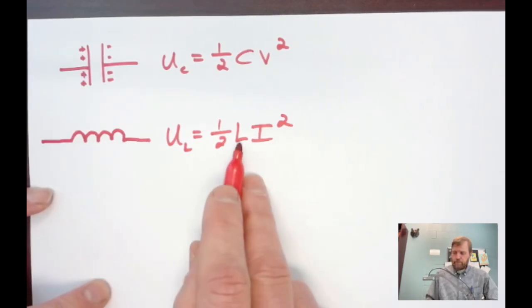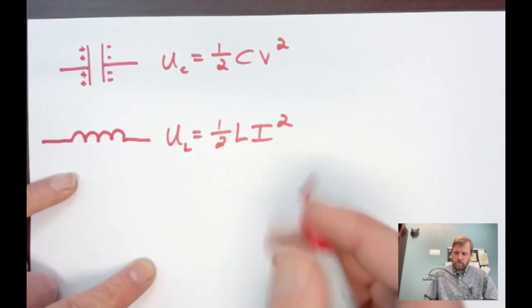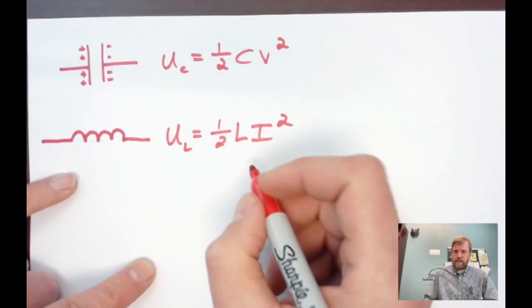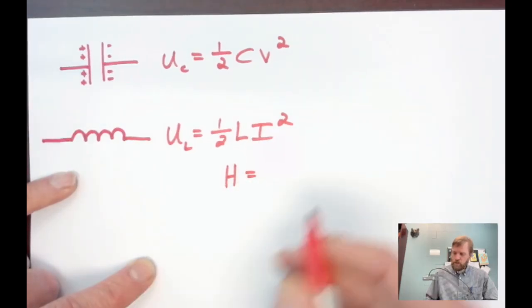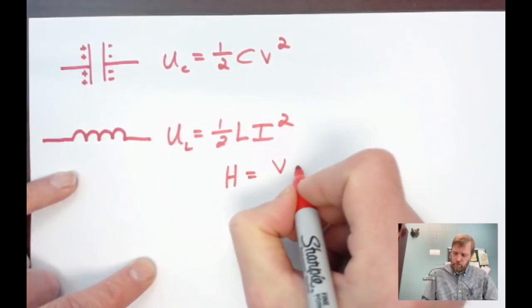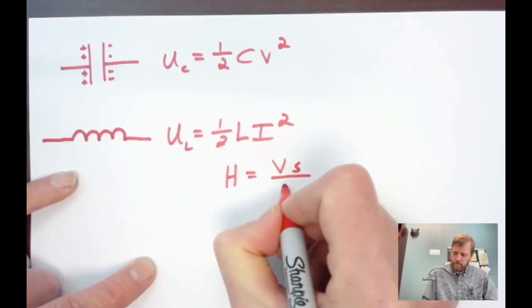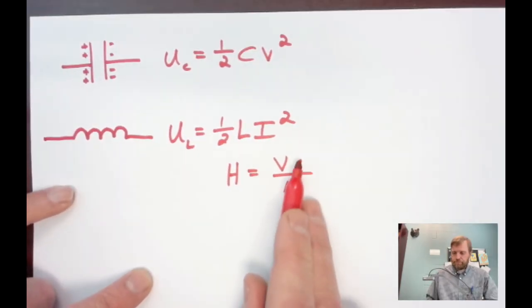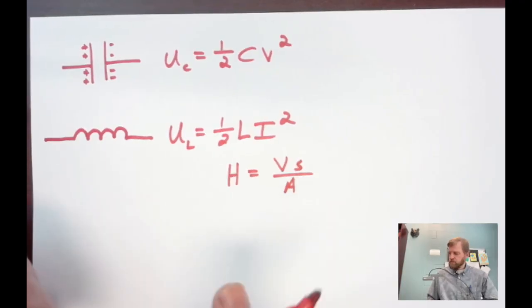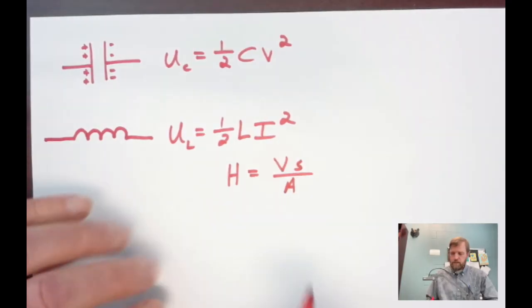Okay. Now the inductance L has units of henries, H, and a henry is a volt times the second divided by an amp. Okay, and so that's the units for inductance.